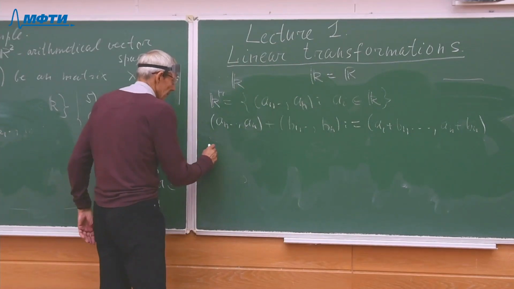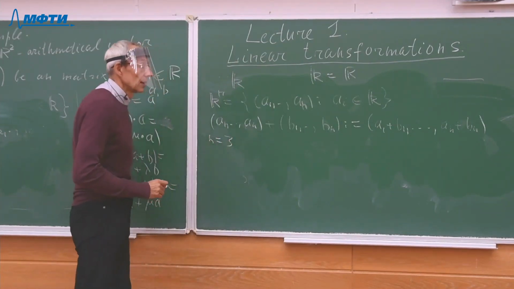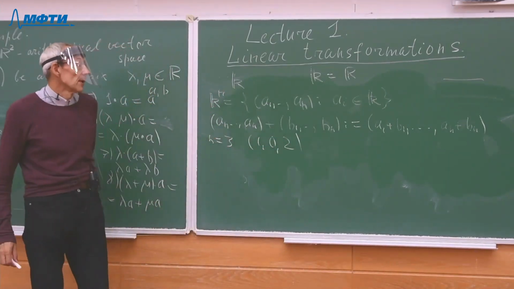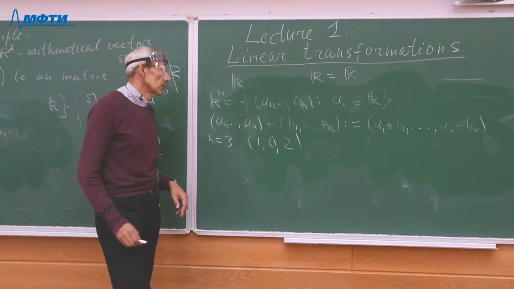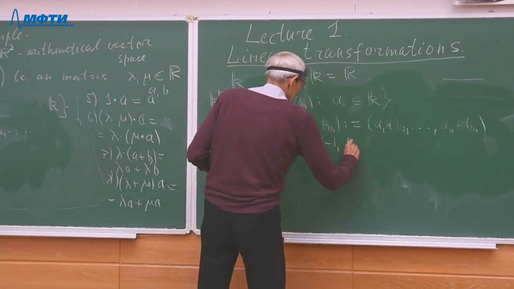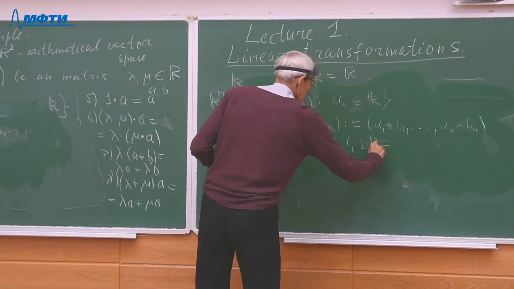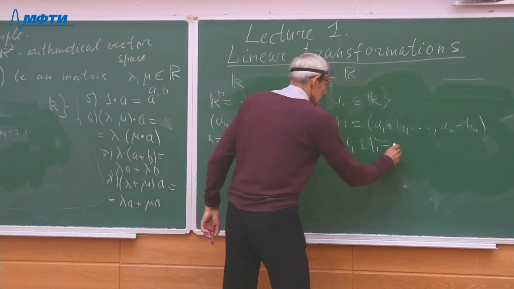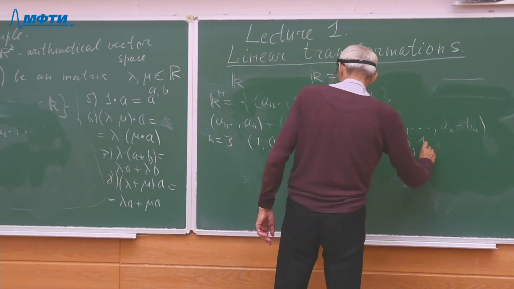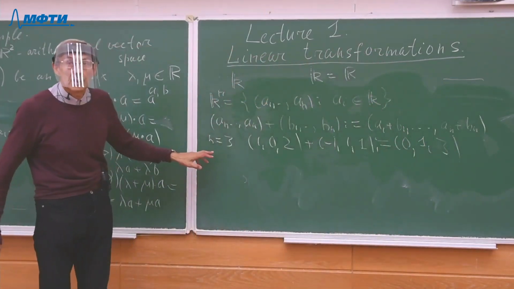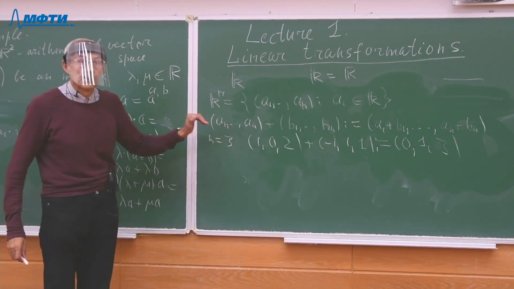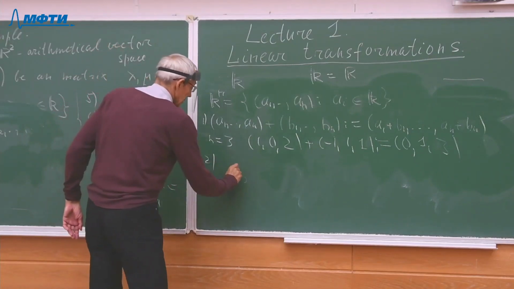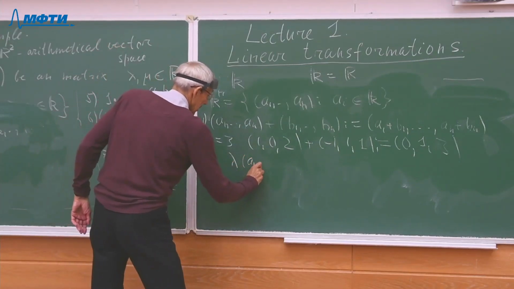For example, if n is equal to 3 and the first triple is 1, 0, 2, and the second is minus 1, 1, 1, the sum of these triples is equal to 0, 1, 3. And we can define scalar multiplication by the following formula.